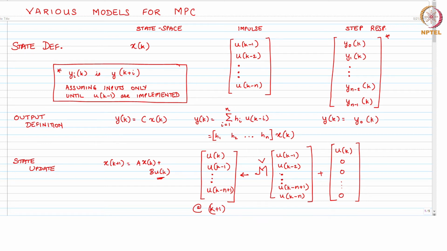The downward shift operation basically means that each element goes one below, the last one gets removed, and the new one gets inserted.